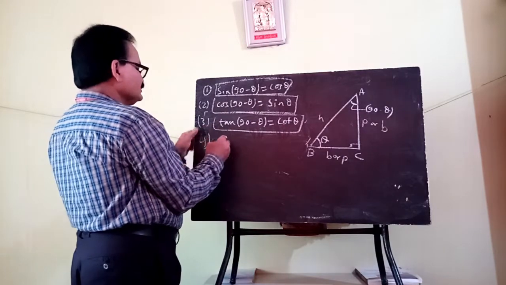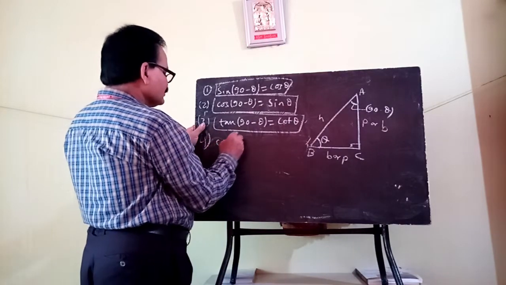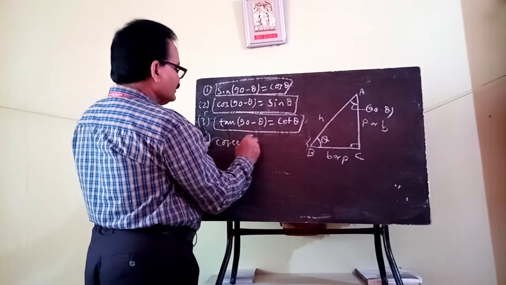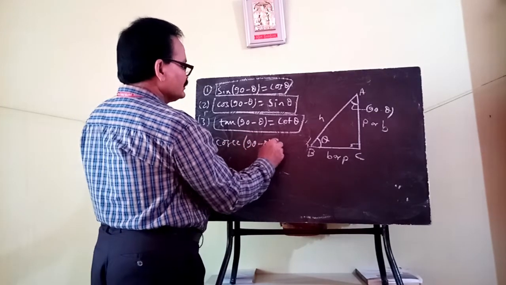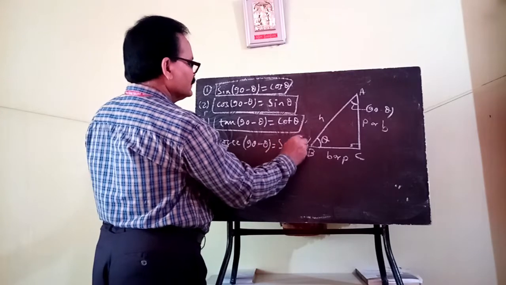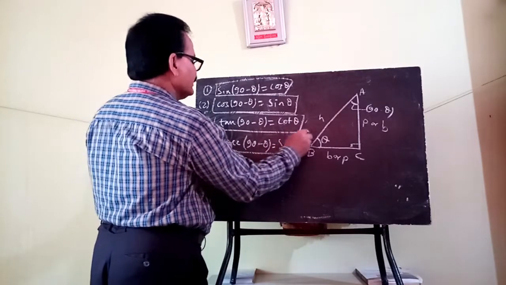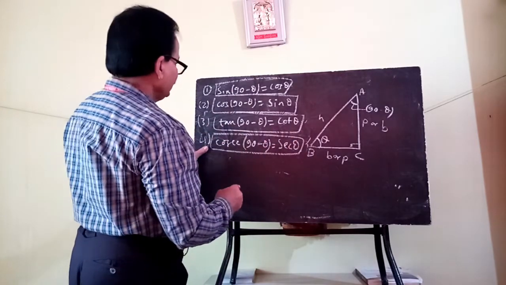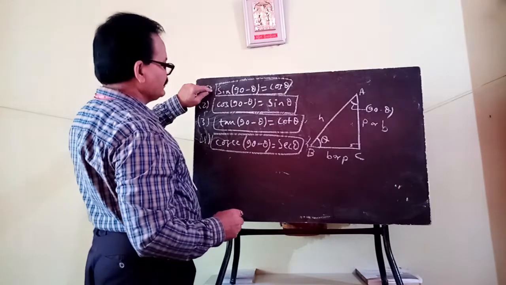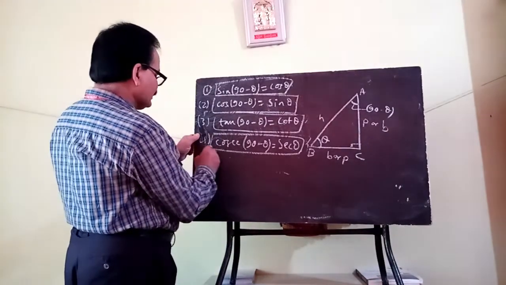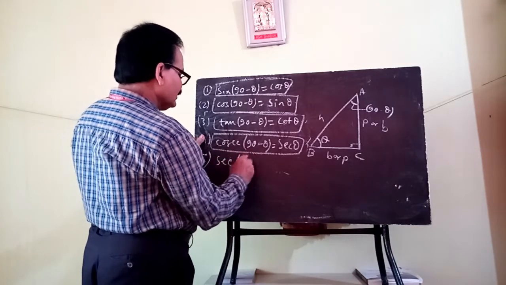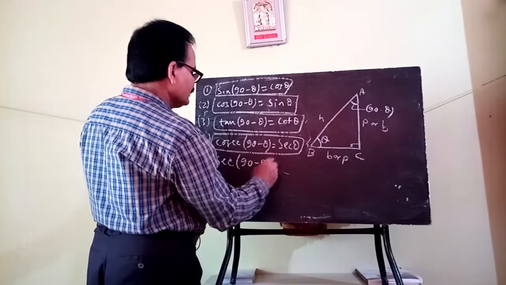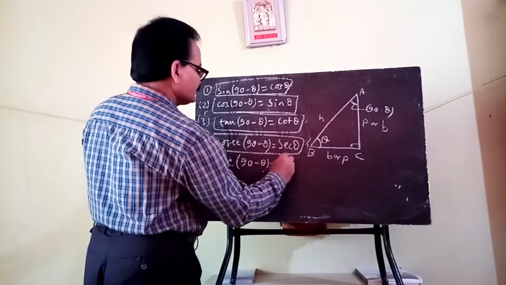Fourth one is cosec 90 minus theta is your sec theta. This is your fourth relation. And fifth relation is your sec 90 minus theta is your cosec theta.